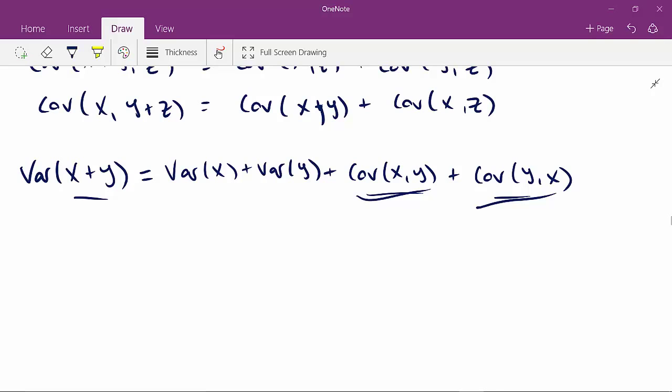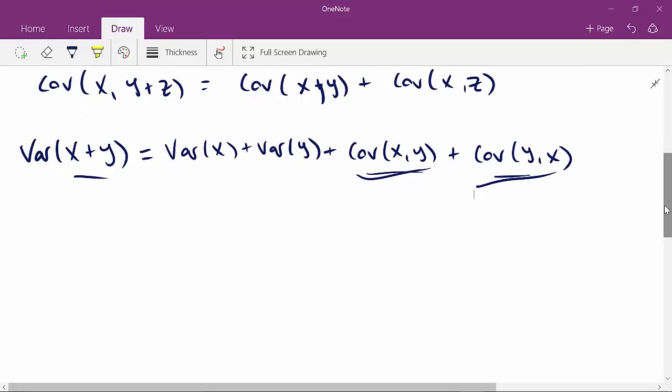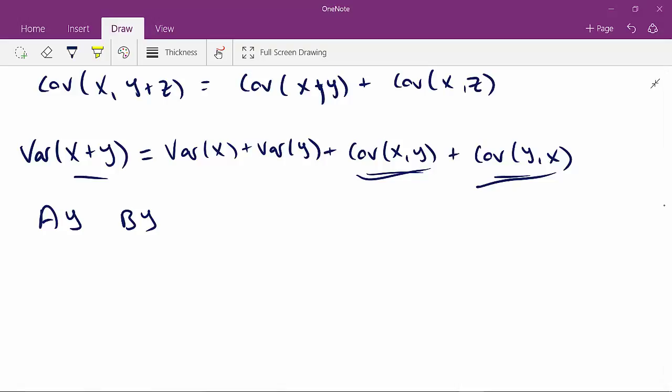Oh, one more extremely useful fact. This may seem strange, but it's often the case that a times y and b times y, two random vectors that are functions of the same originating vector y, can have covariance of 0.